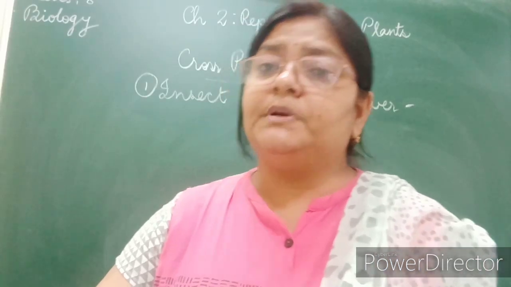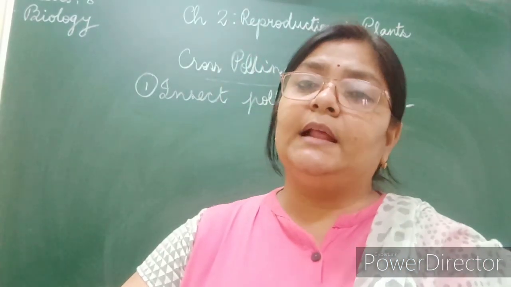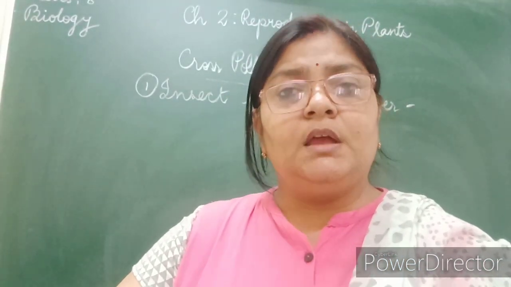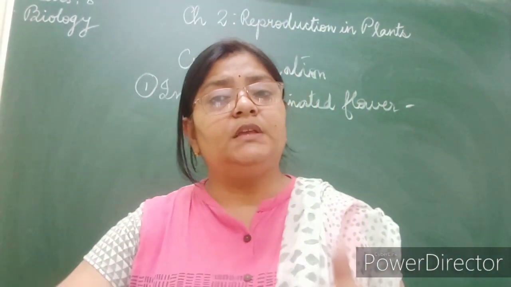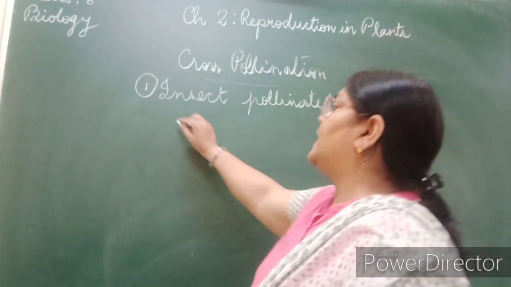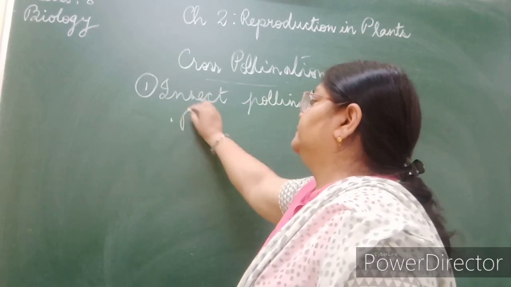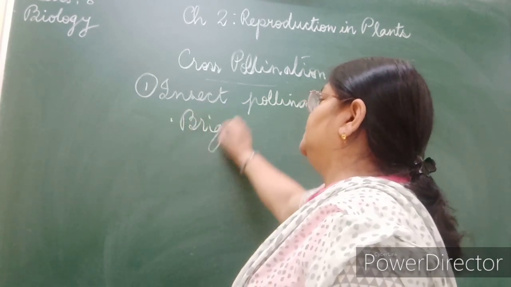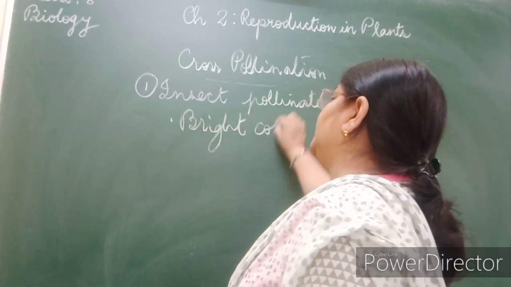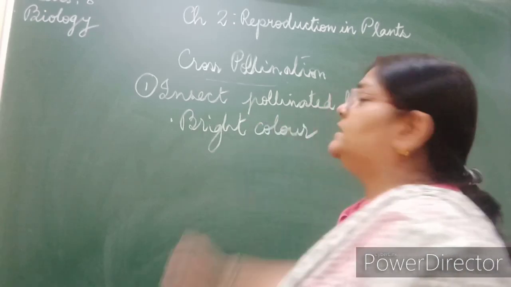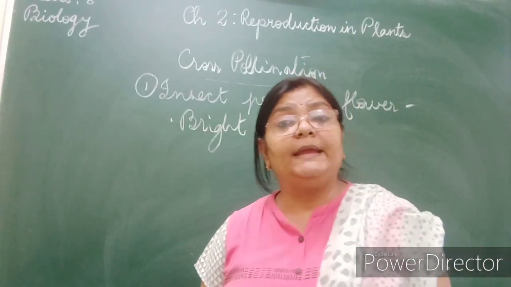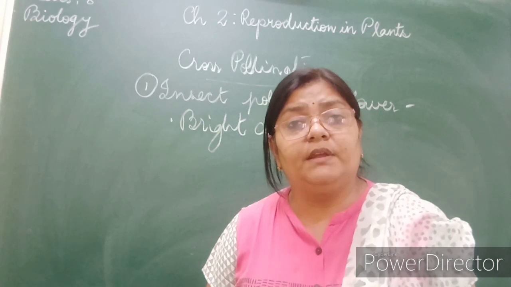Okay, now there are some particular properties of the flower that helps the flower to be pollinated by an insect. The first and foremost is its bright color. So you see that mostly the insect pollinated flowers are brightly colored. The petals are very brightly colored.